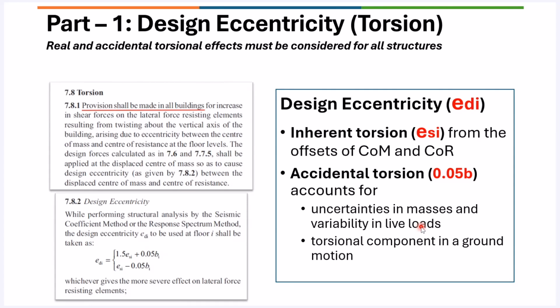The other one is the additional torsion, that is the accidental torsion, which accounts for uncertainties in the mass and the variability in live loads, which cannot be estimated. So whatever we have as a center of mass is based on an assumption as per the code.